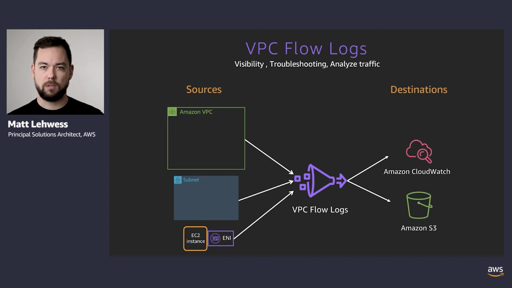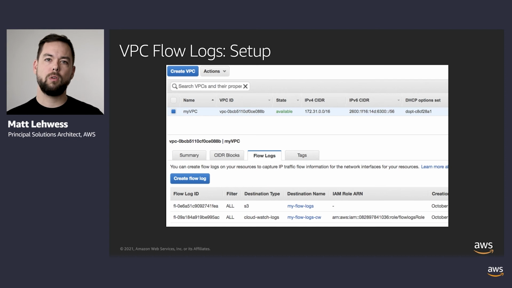We can send them to Amazon CloudWatch, or we can send them to Amazon S3. A flow log basically looks like some metadata of the traffic traversing your infrastructure. And here we've got the flow logs. You can create a flow log for your VPC, for example. We're sending one to S3 and the other to CloudWatch logs.